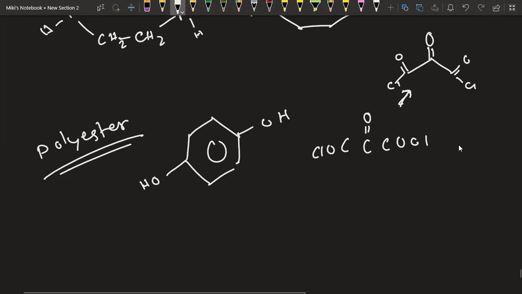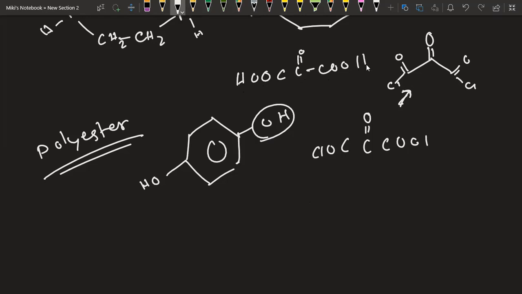Now, since the phenol itself is acidic, if another acid is present here, instead of this acyl chloride, well, how does an ester usually form? Carboxylic acid plus alcohol. But let's say this is the OH group, and if we have introduced here a carboxylic acid, COOH, what will happen?